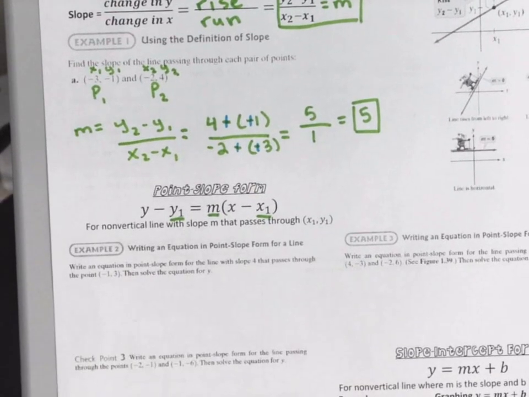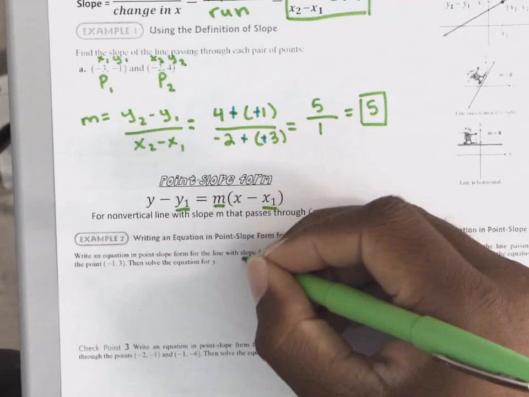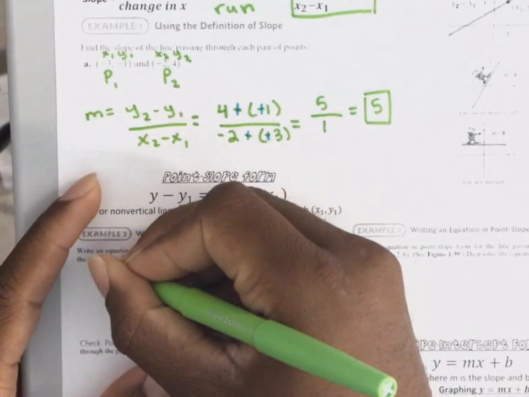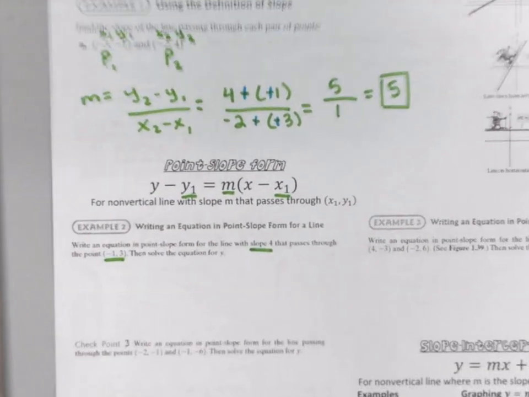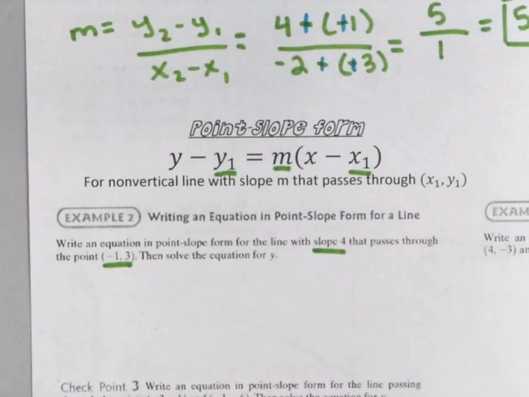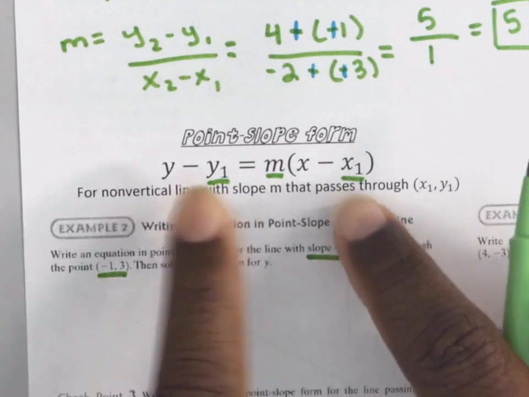So it says write an equation in point slope form of the line with the slope of 4 that passes through the point -1, 3. All right, so we'll do that. So when you use this equation, you don't replace this y or this x, you only replace the ones with the subscript.